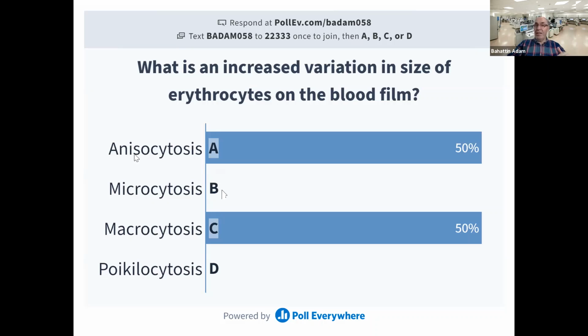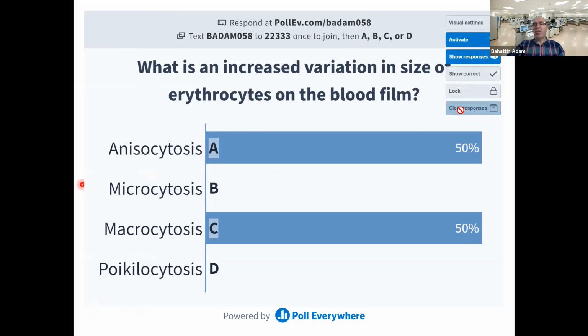This is the common name for variation in size, anisocytosis. But macrocytosis means bigger than normal. Microcytosis means smaller than normal. Poikilocytosis is variation in shape. It should be enough for today.